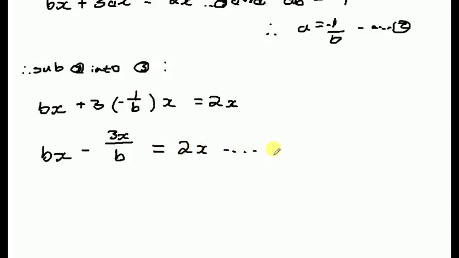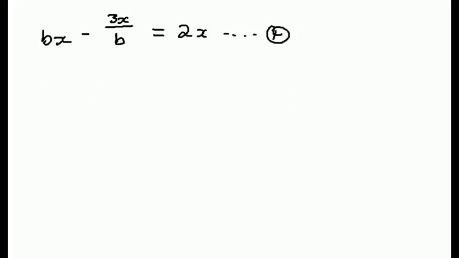That will make it our equation 4. Scrolling down, then from here we are going to have bx squared minus 3x all over b is equal to 2x.